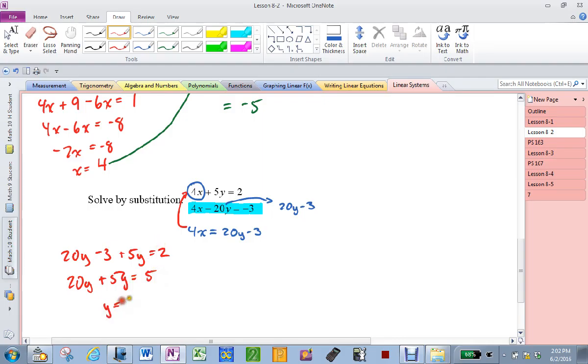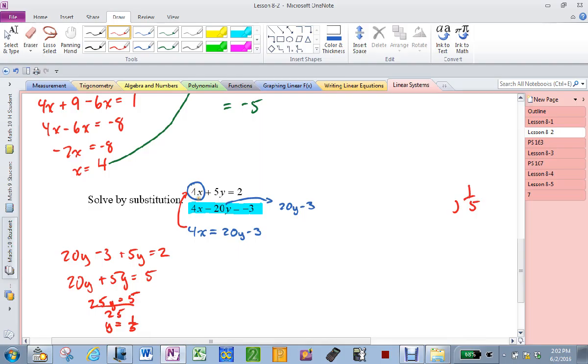And y equals 1/5. Is everybody cool? 5 divided by 25. I skipped a step. I shouldn't have. Sorry. 25y equals 5. Divide by 25. y equals 1/5. Everybody good?